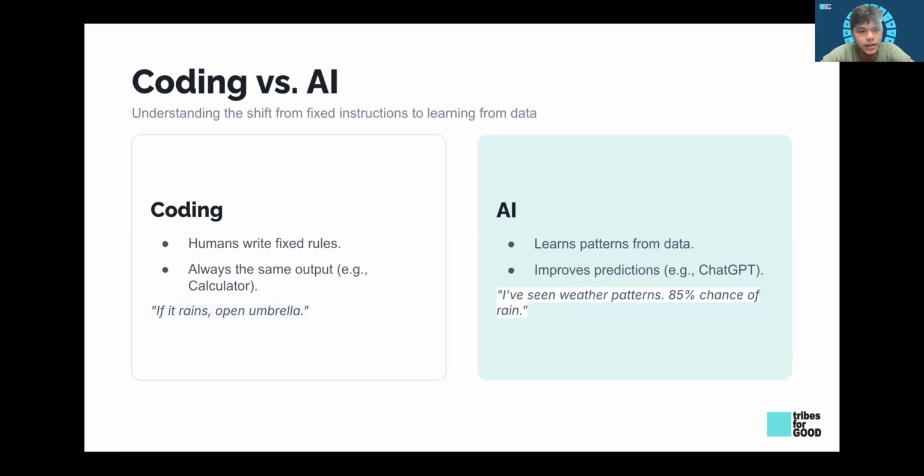Whereas AI, it learns from the questions which you are giving. It evolves basically. Just like in the previous slide, it will ask a few of its questions, and then it will give the 100% correct answer. Then you can see the second point. It improves predictions.